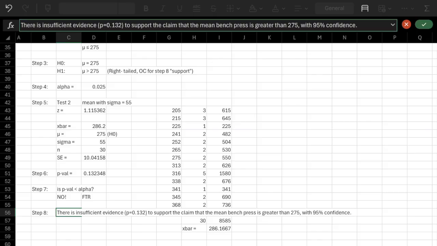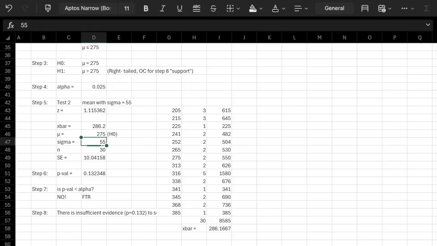Okay, so what happened here, right? Because the mean of my sample was 286, right? That's 10 pounds off or 11 pounds off, right? Isn't that different? Yeah, it's way different. But the standard deviation was 55, right? And so the standard error was 10 with a sample of 30.